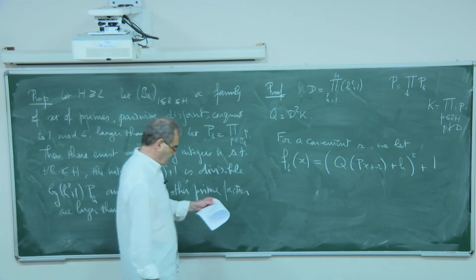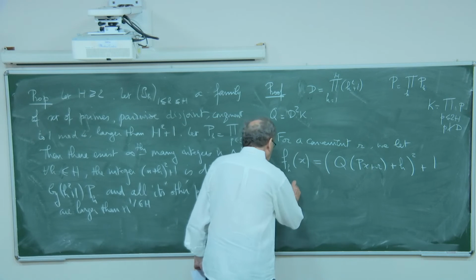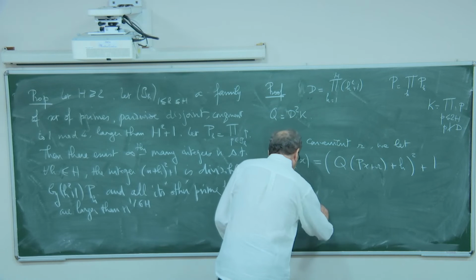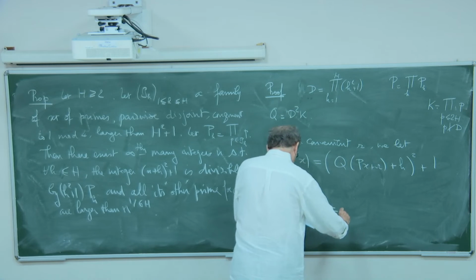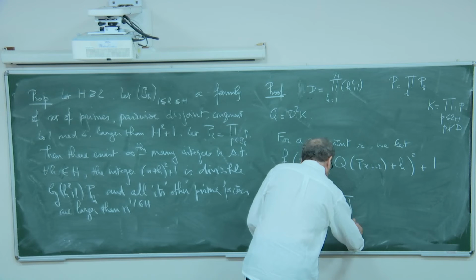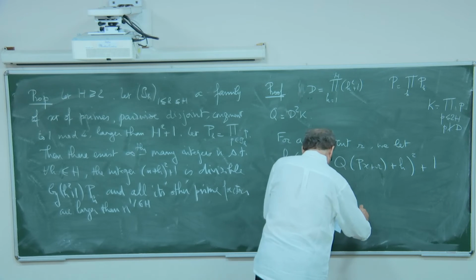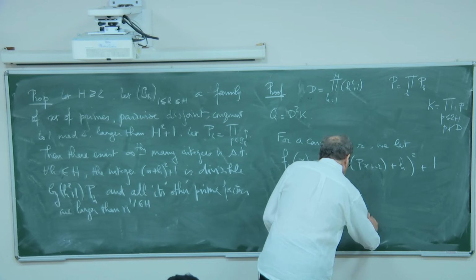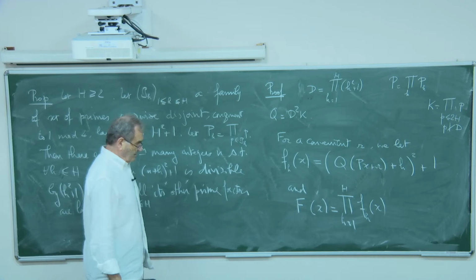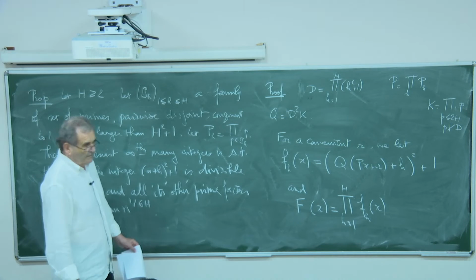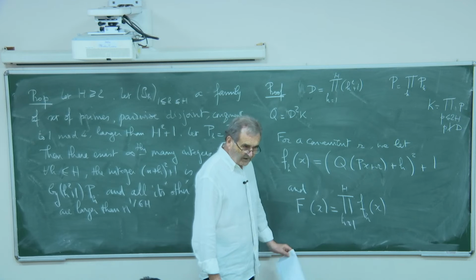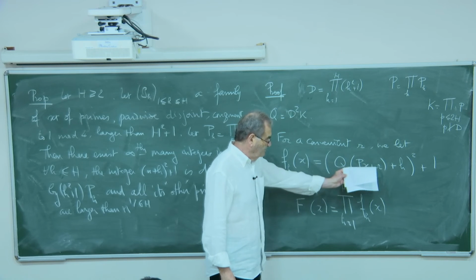So what I would like to do is to have something like that, and then I consider the product f of x to be the product of f_h of x for h from 1 to capital H. I can do this for the time being for any R. For any R, I can consider this polynomial.